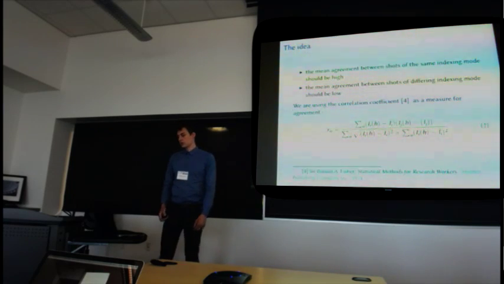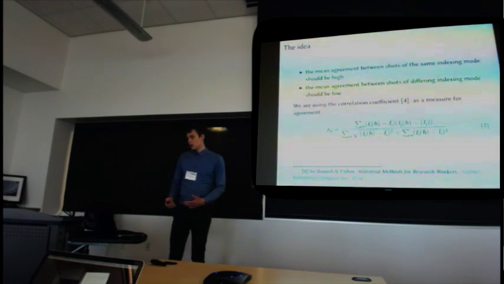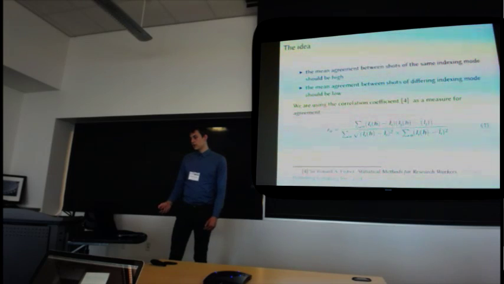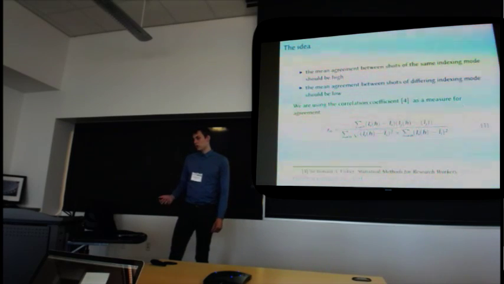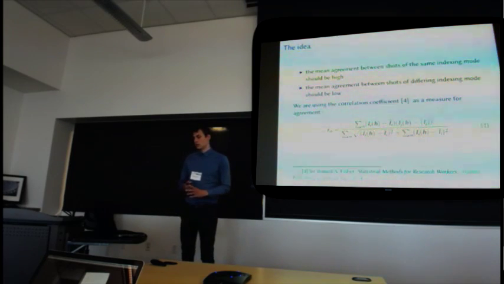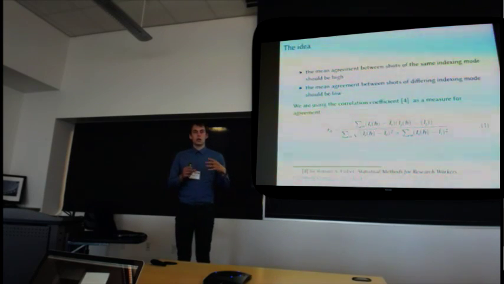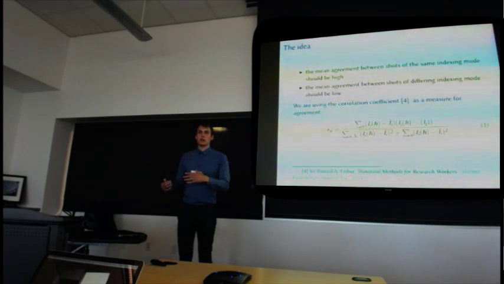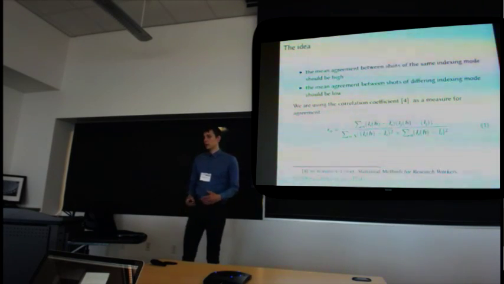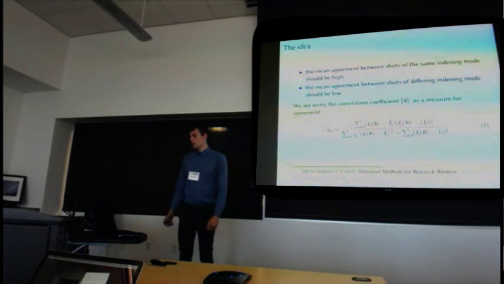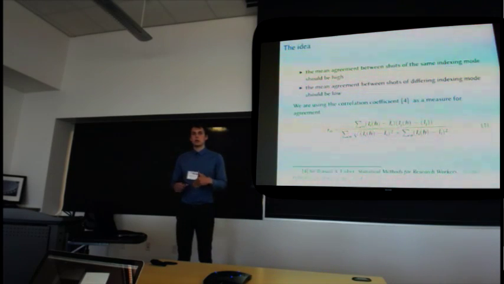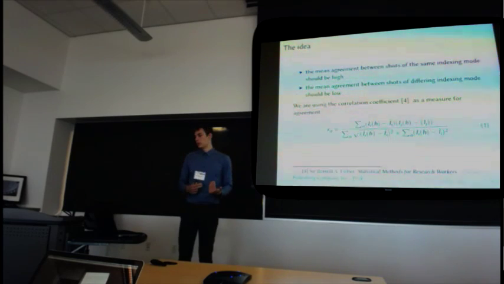agreement between shots. This may not be the best solution, but it's very easy to calculate. It has well-known and nice properties. Most importantly, it's scale invariant, so it doesn't matter if one image in total has a higher intensity than the other. They can still have a very high correlation, or even a correlation of 1. So we don't need to do the scaling before we can apply the algorithms, which made our lives much easier.